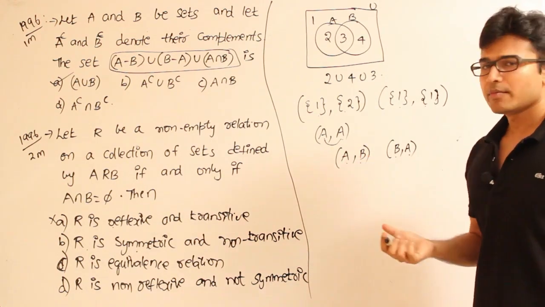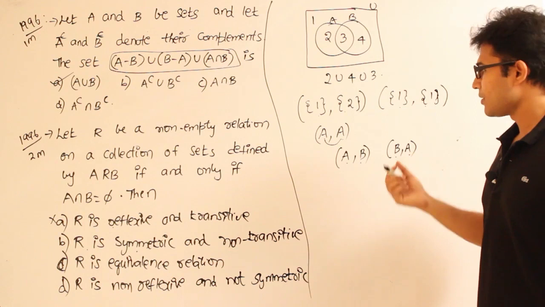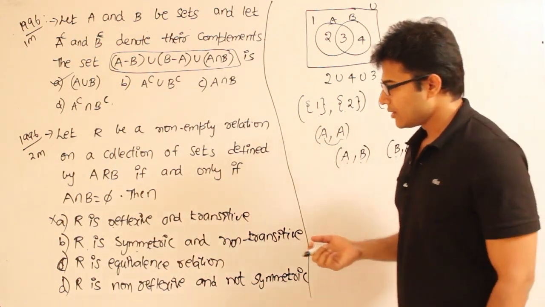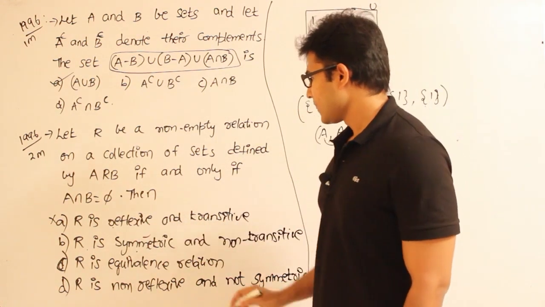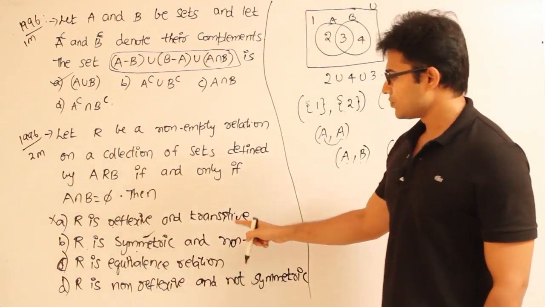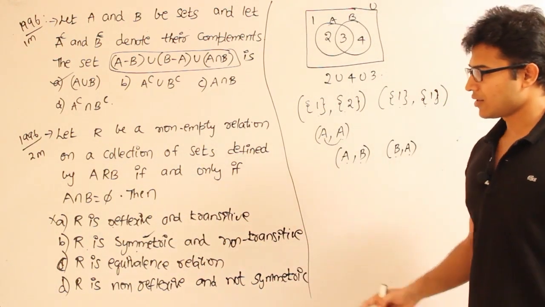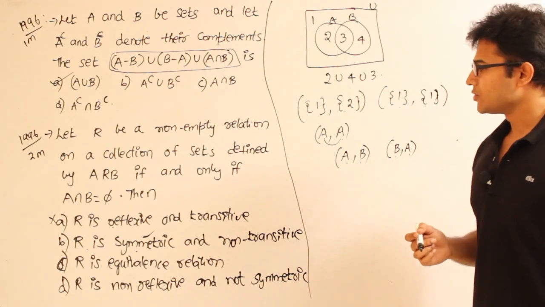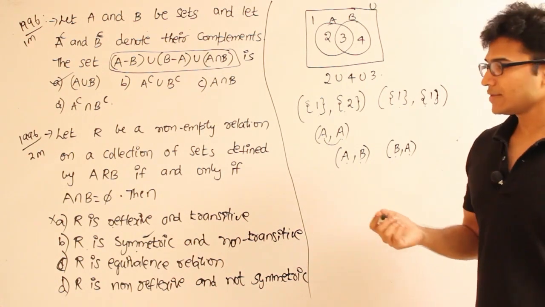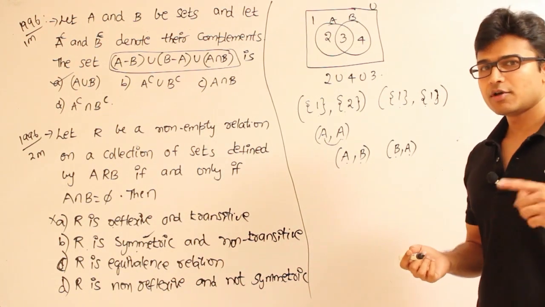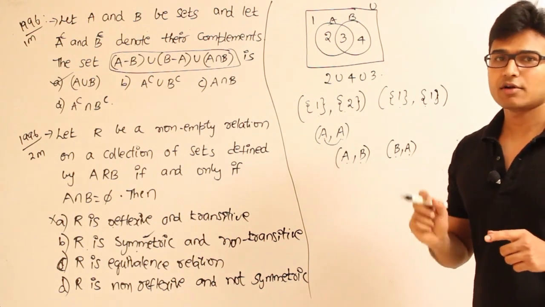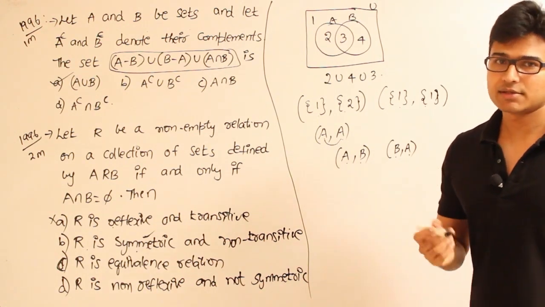Therefore if A comma B is present in the relation, then B comma A will be present, which means it is definitely symmetric. Now to answer B, we should know whether it is transitive or not. What does transitive mean? If A comma B are present and B comma C are present, then A comma C should be present, isn't it?